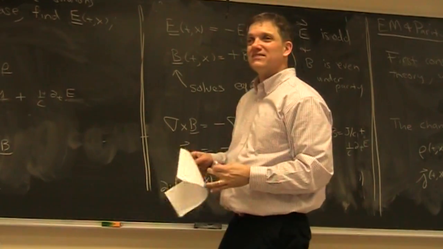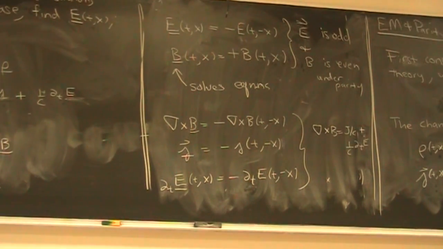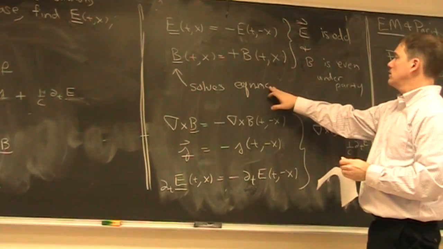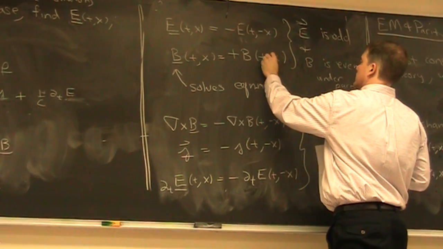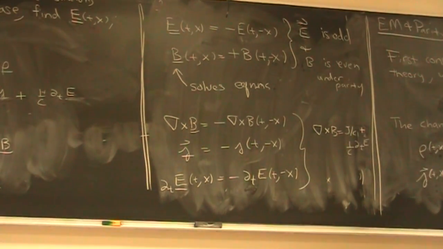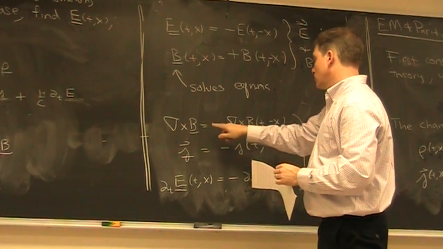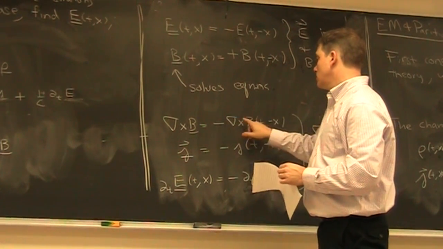Should this be like a minus x on top, like E of minus x, where it says solves equations? You have plus B of t, x. It solves the equation. Yeah, it should be minus x, of course. And also, are you switching the sign then on the del operator?